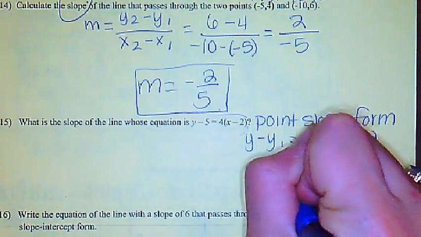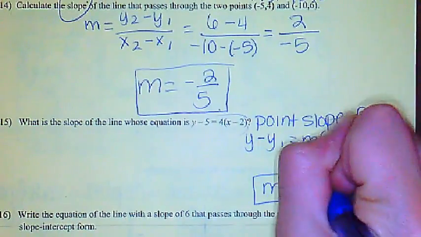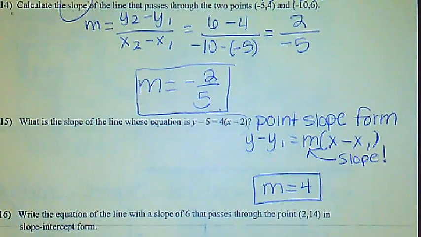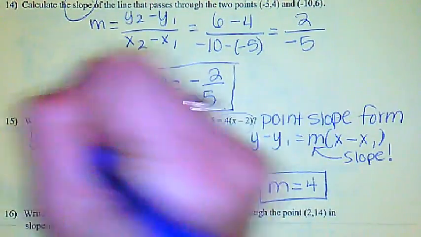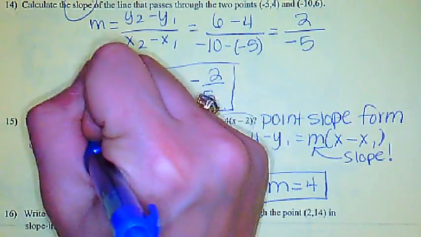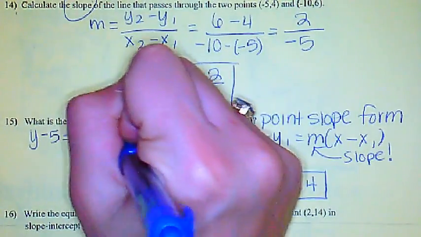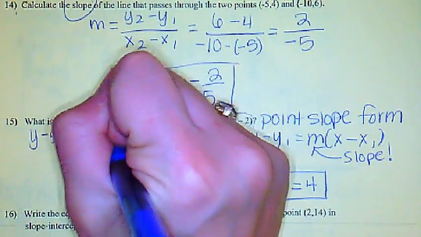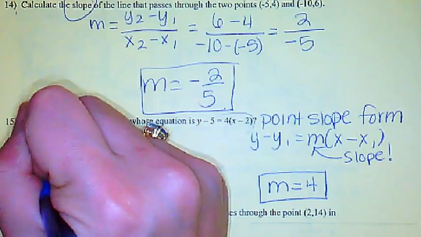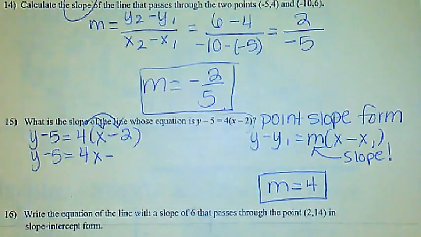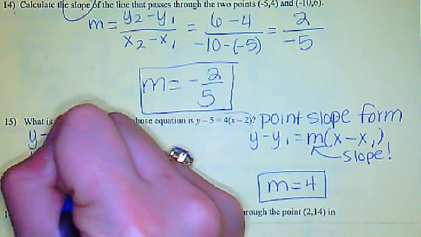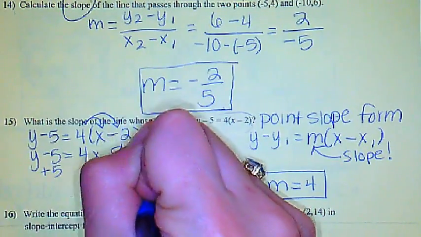So m is equal to 4. Now, if some of you did not think to do that, what you can do instead is use what you know. You know y equals mx plus b. Pretty confident you guys all know that. So if you want to rewrite this, remember you can always convert. Okay, so y minus 5 is equal to 4x minus 8. Add 5 to both sides.